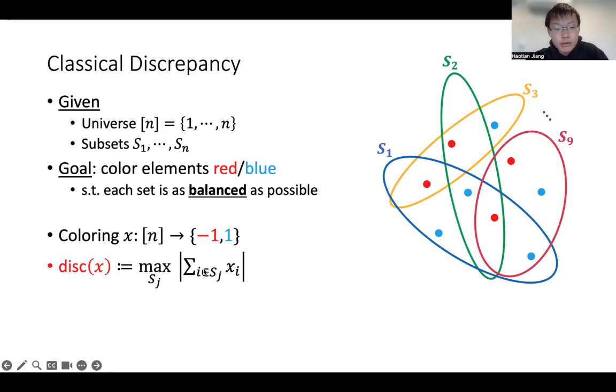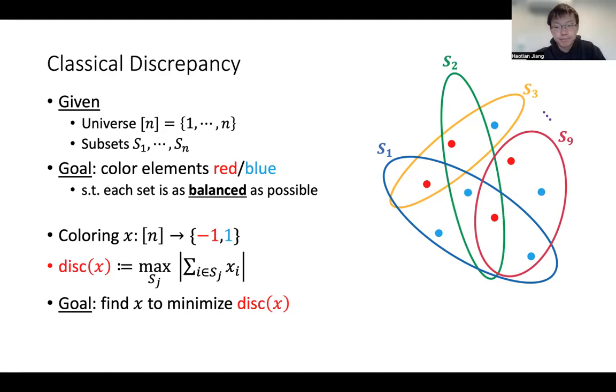For each Sj, you look at the sum of the colors of elements that lie in Sj. This is the imbalance of the set Sj, and you take the maximum over all Sj. This is the worst imbalance of any set in the set system, and this is exactly what discrepancy is trying to capture. And of course, our goal is to find a coloring X to minimize the discrepancy of the coloring.